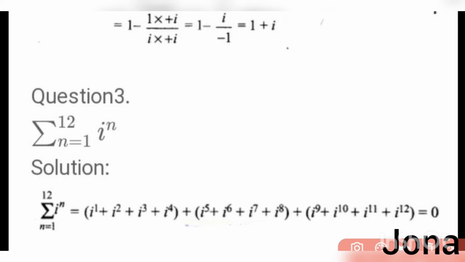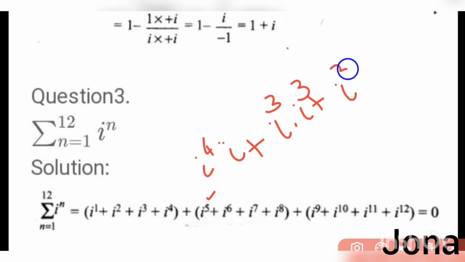Similarly, here i power 5 can be written as i power 4 into i, plus i power 6 can be written as i cube... i square into i square, plus i power 7 can be written as i cube into i power 4, and i power 8 can be written as i power 4 into i power 4.